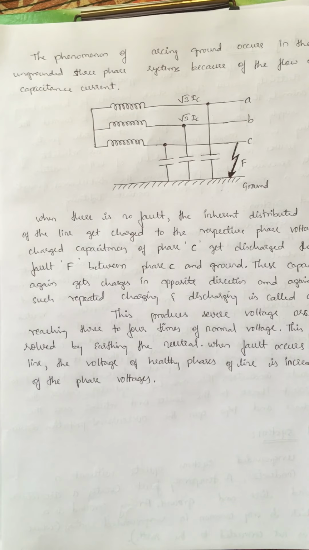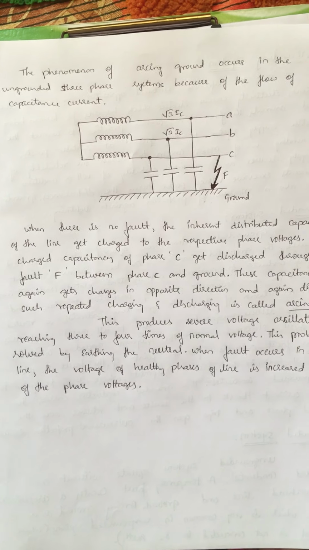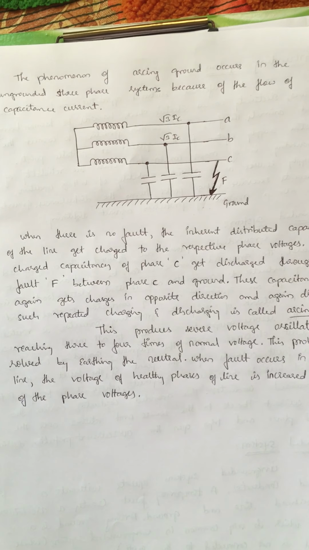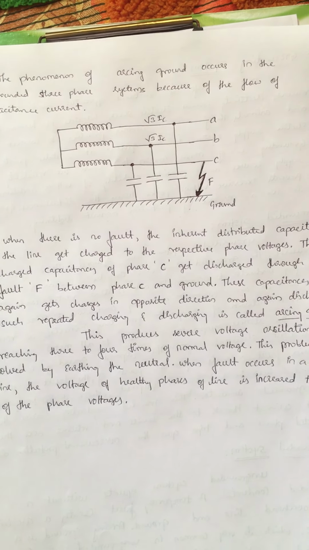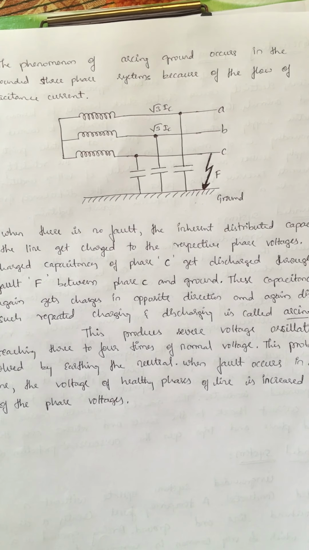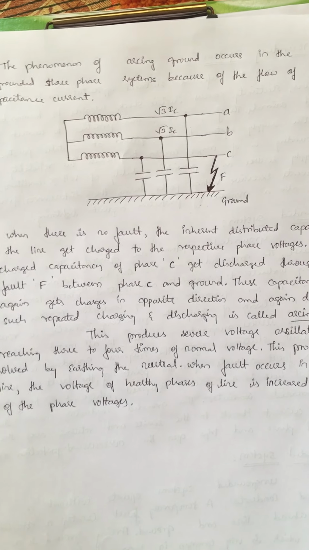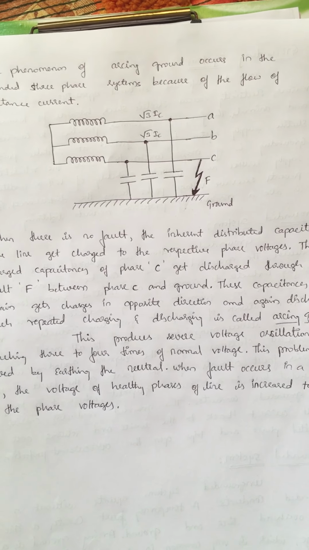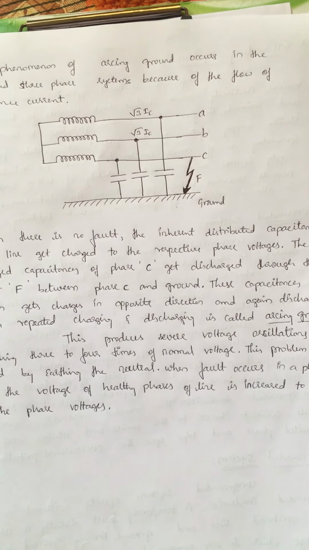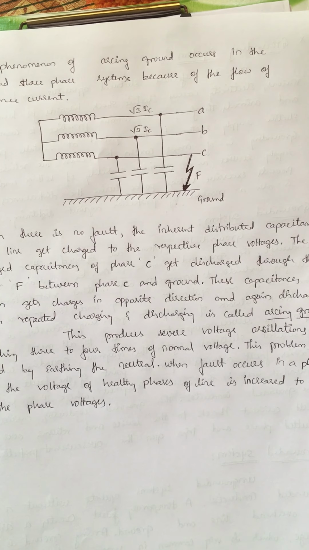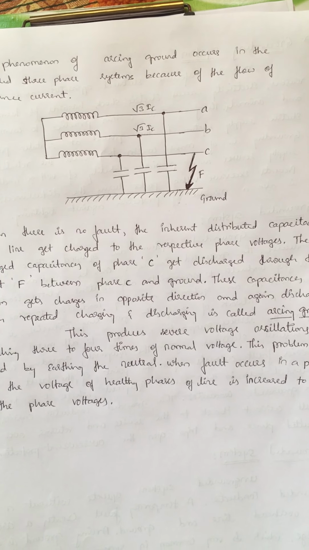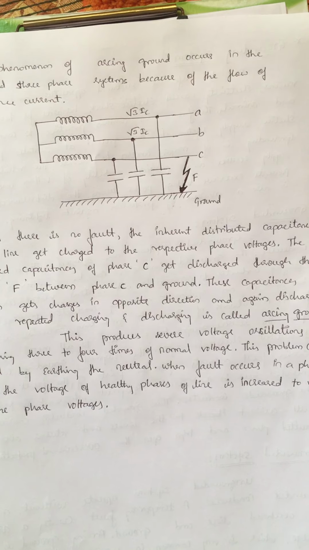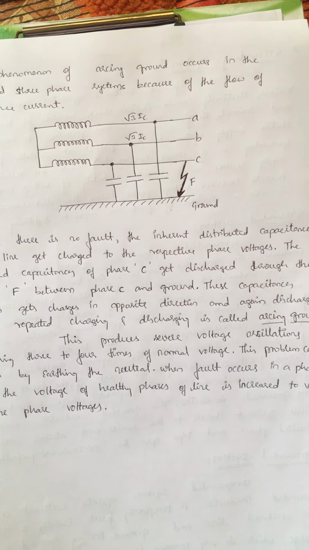Basically, the phenomenon of arcing ground occurs in ungrounded three phase systems because of the flow of capacitive current. This arcing ground produces severe voltage oscillations, which will be 3 to 4 times the normal voltage.